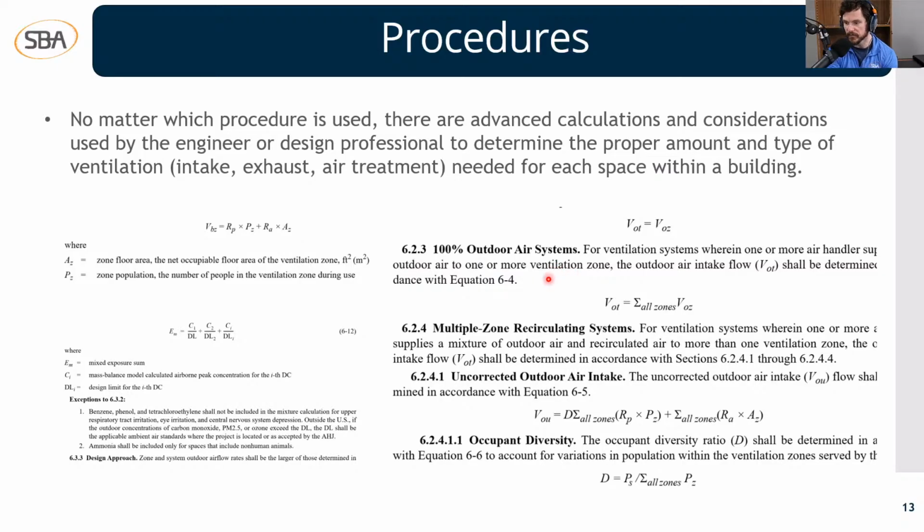So for these ventilation systems, we have a zone outdoor air equal to the sum of all of our zones. We also have a multi-zone recirculating system. We have our uncorrected outdoor air intake. And we also have an occupant diversity.